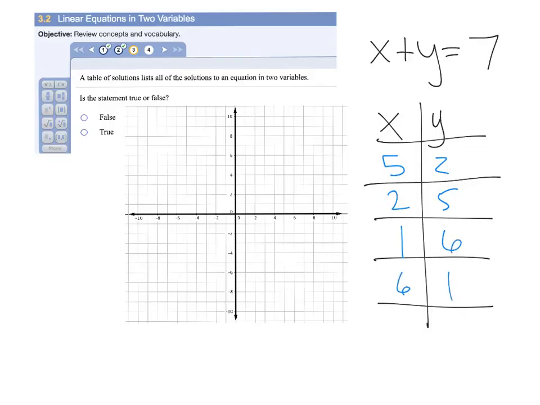So it says a table of solutions lists all of the solutions to an equation. And the answer here is false. But it's only false because you can never list all of the solutions, because this is an infinite list. This list will continue forever. So your table can never list all of the solutions. So that's why it's false.